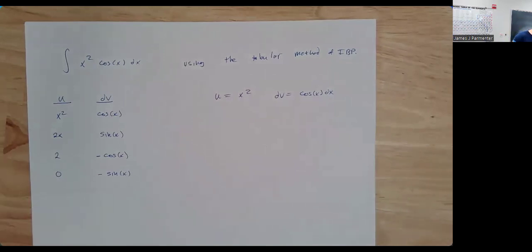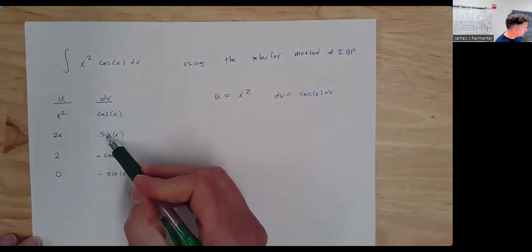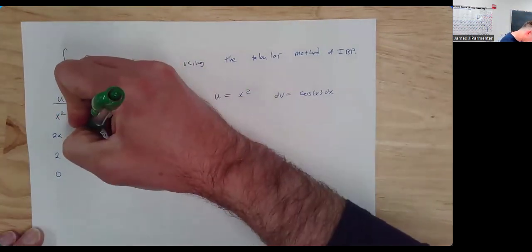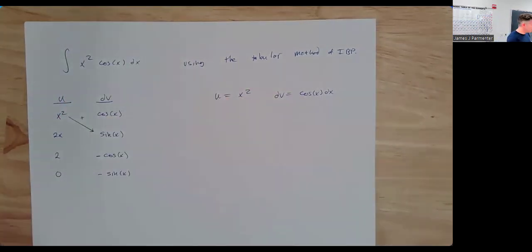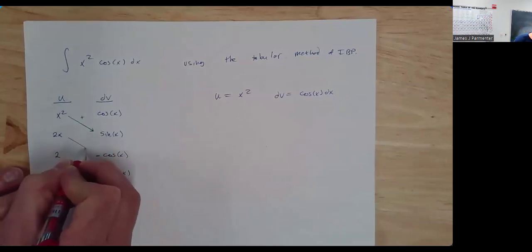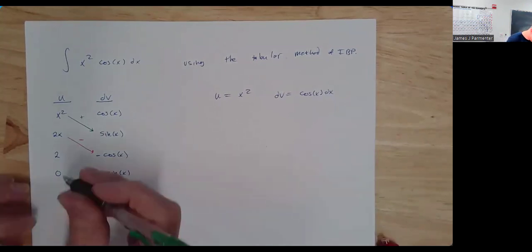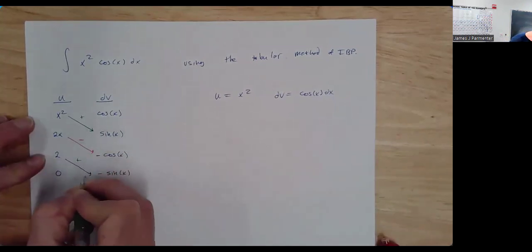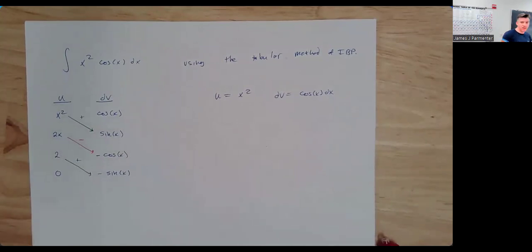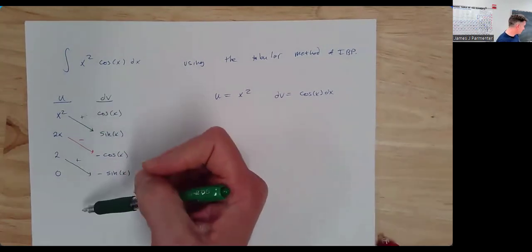And then you get this pattern of, well, let me point out, what we really have here is we have u times v, and then we have minus the integral of v du. But then for the new integral, we use integration by parts again, we get a minus, and it becomes plus the integral of your new v du, and so on and so on. So you get this plus, minus, plus, minus pattern. It always starts off with plus, and then it just keeps alternating.